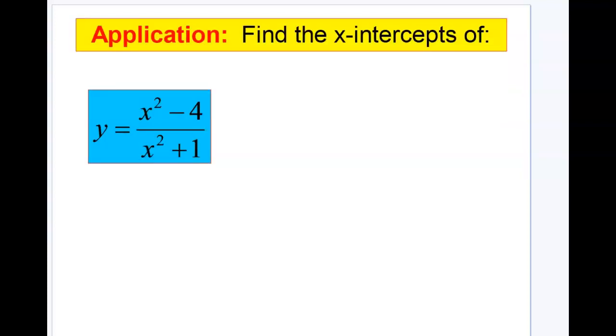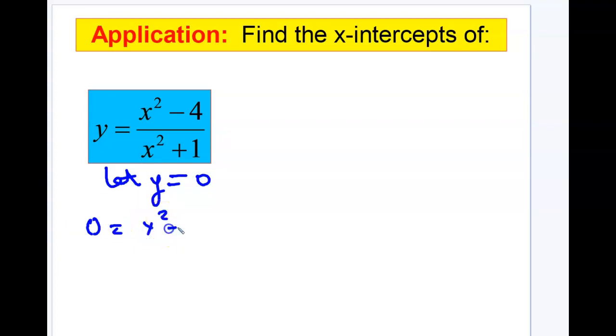So say we're asked to find the x-intercepts of this graph. And again, in Math 10, we found x-intercepts of linear functions. I believe in Math 20 or in Pre-Calc 20, you found x-intercepts of quadratic functions. So to find the x-intercepts, we have to let y equal 0. So I substitute 0 in for y.